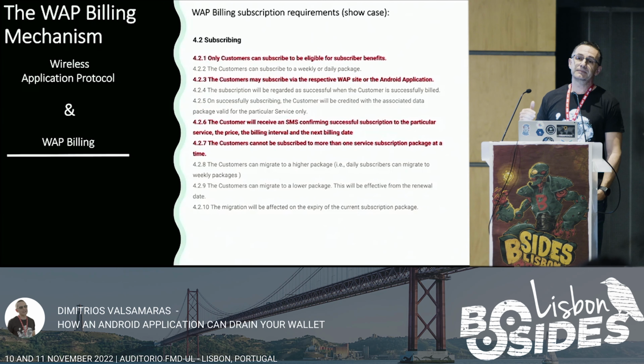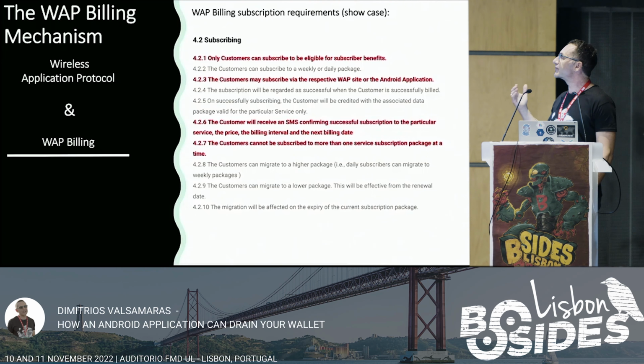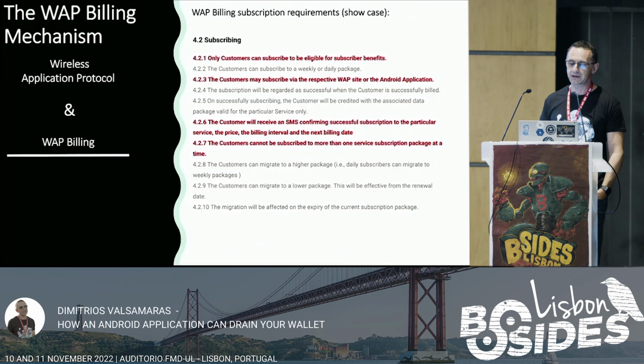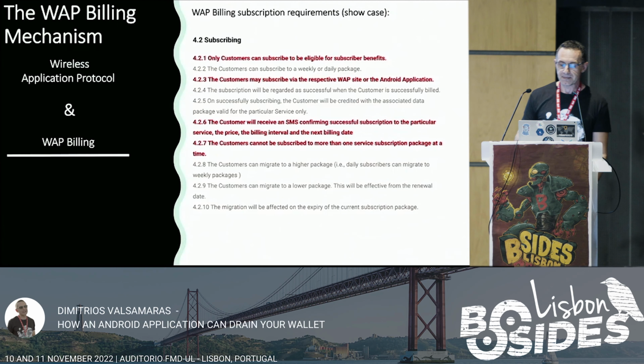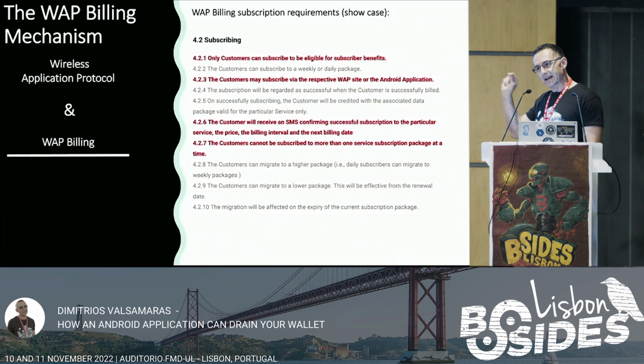The customer will receive an SMS which will inform them about the billing price, the rate, the billing interval, and the next billing date. Please note the last point, which says that the customer cannot subscribe to one subscription service more than one time.